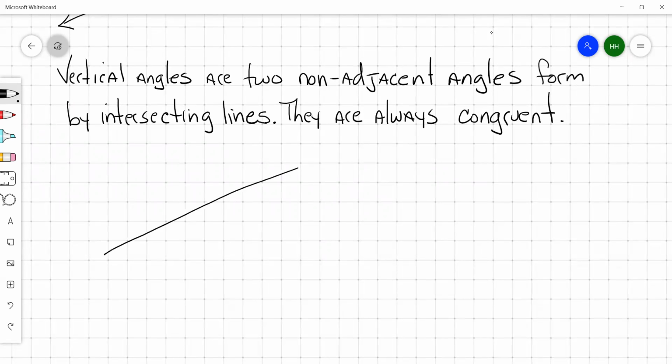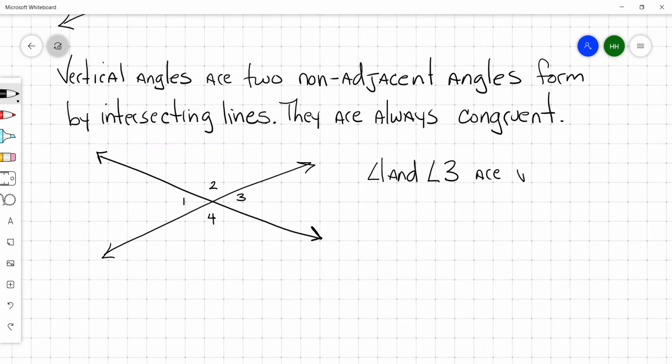So if you draw a line on your paper and then intersect it with another line, you just created 4 angles here. You've got angle 1, 2, 3, and angle 4. Angle 1 and angle 3 are vertical. All right, they are across from each other, which is the easiest way to remember it.